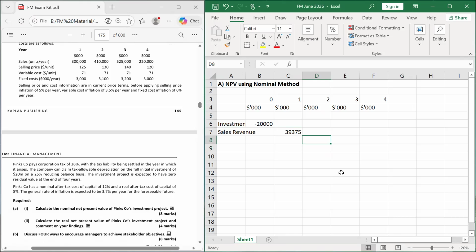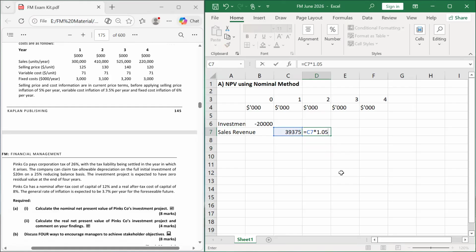Now there are two ways to calculate the sales revenue figure for year 2. One is, you can use the similar formula, 300 multiplied by 125 multiplied by 1 plus 0.05 power 2. Or the other way is to just multiply the year 1 sales revenue figure by 1.05, because you are inflating by 5% each year.